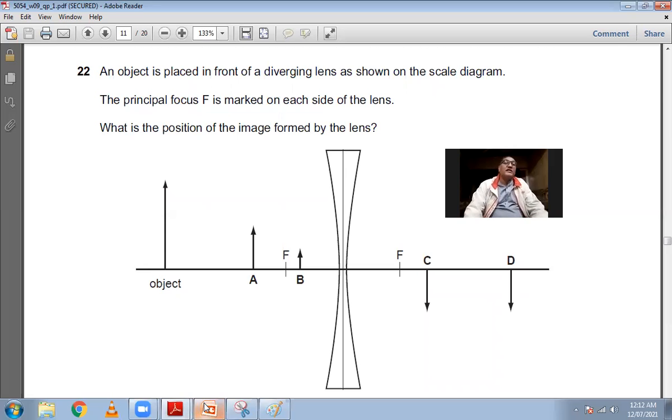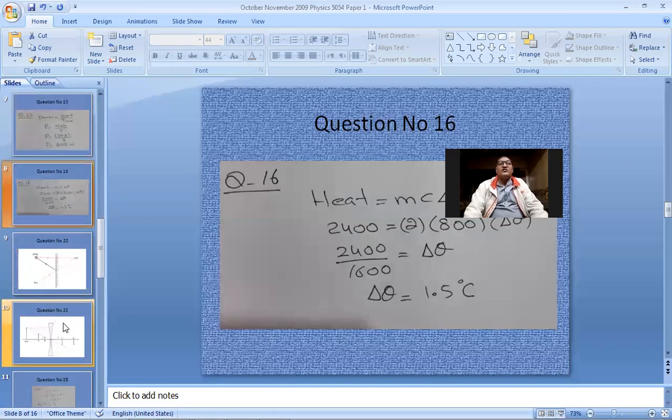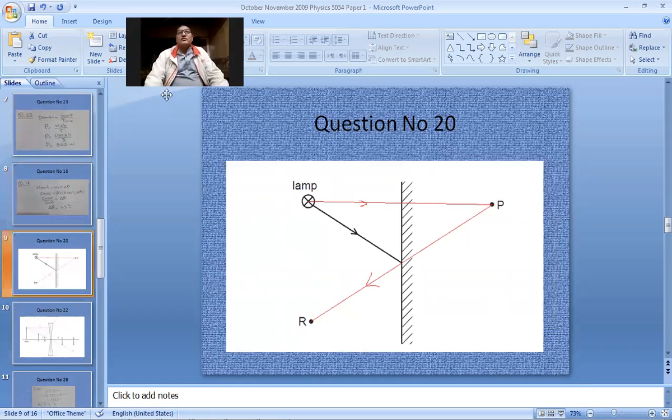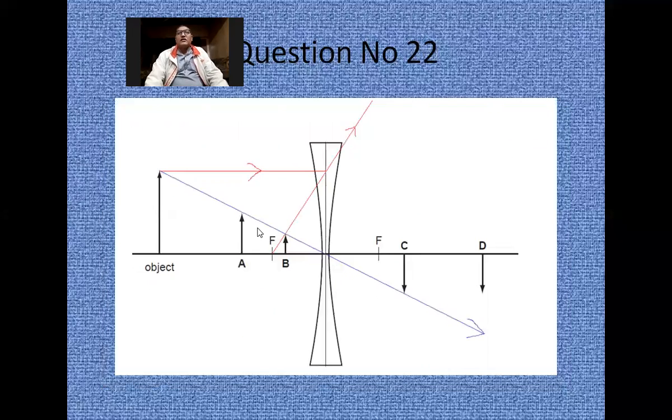Let me show you from the diagram, it will be much easier. Okay, so we have done this question. So we are done with question number 20 also. So we have drawn this red line, which is parallel to the principal axis. Then this point and this point F will be joined. And then you can see the light will be diverged. Then I will start a ray from the head of the object and it will pass through the optical center undeviated.